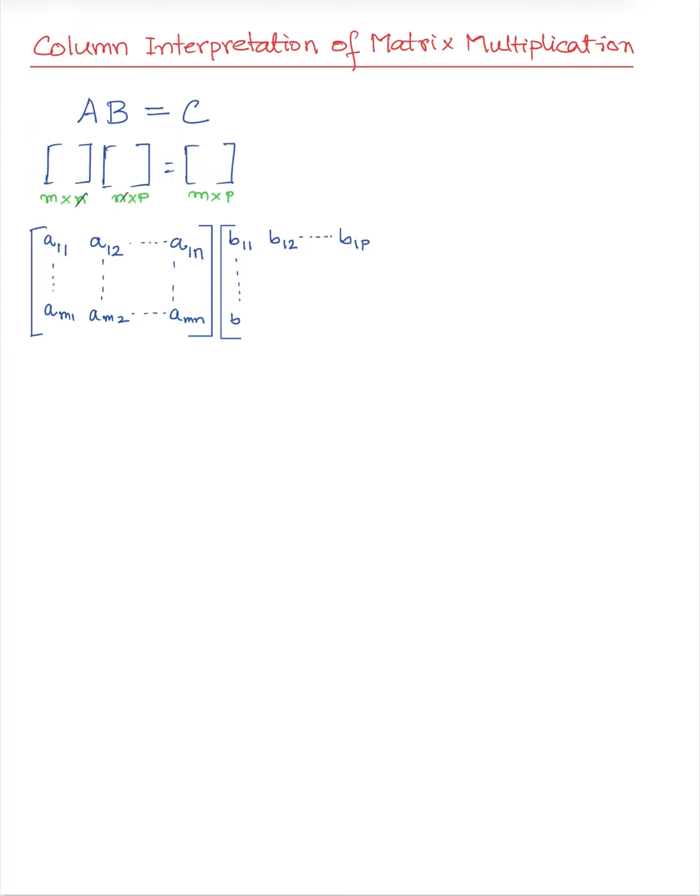Similarly, the last row starts with BN1, because the number of rows are n, then BN2, and the last element is BNP.